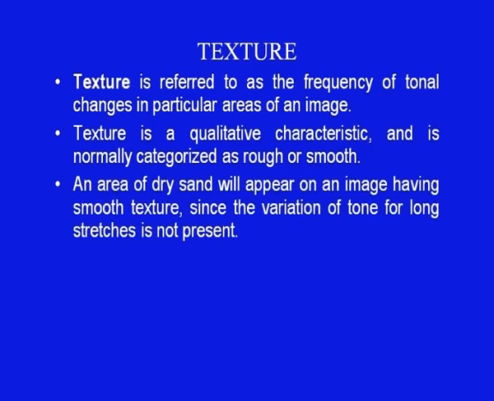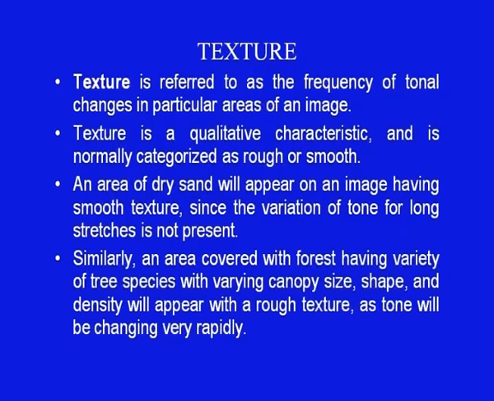An area of dry sand will appear on an image having smooth texture, since the variation of tone for long stretches is not present. Similarly, an area covered with forest having a variety of tree species with varying canopy size, shape and density will appear with a rough texture, as tone would be changing very rapidly.